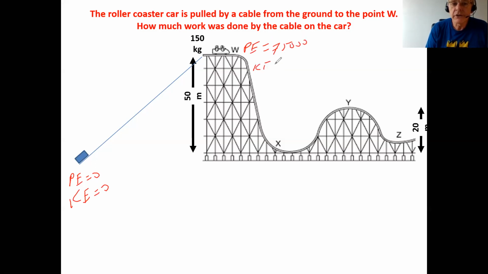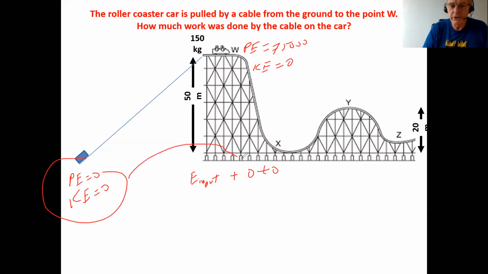And the kinetic energy here is 0. And so what do we have? We have the energy input plus 0 plus 0, these two zeros, equal to 75,000 plus 0, plus the energy lost to friction.